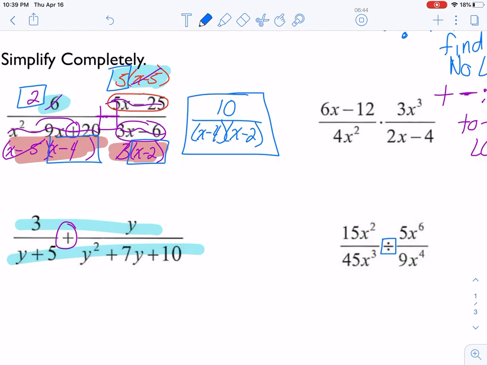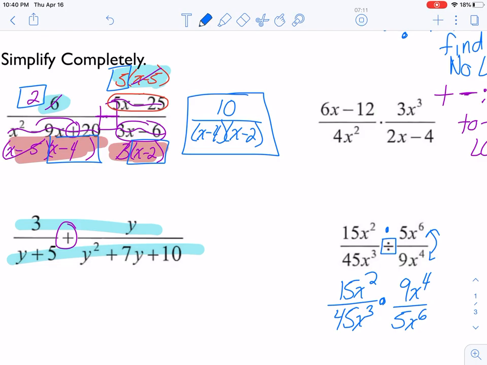You're going to flip my second fraction, and I'm going to change the sign to a multiplication. So this would look like 15x squared over 45x to the third, because I keep my first fraction the same. Flip my second, so 9x to the fourth comes up top. 5x to the sixth goes down below. And then finally, I change my sign from a division to multiplication problem, and you go from there.